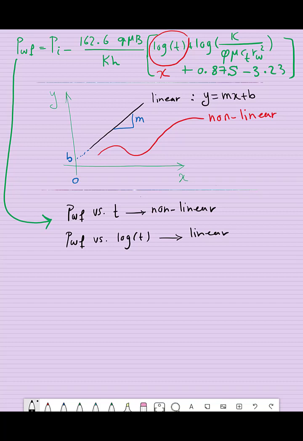We have the x term and we have the coefficient here, which is a constant. It does not depend on t. Also, the rest of the terms are constants that can be lumped into this b term here. And this property of this equation is going to help us find permeability and skin factor.